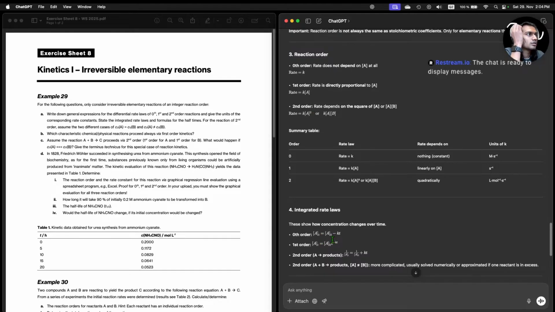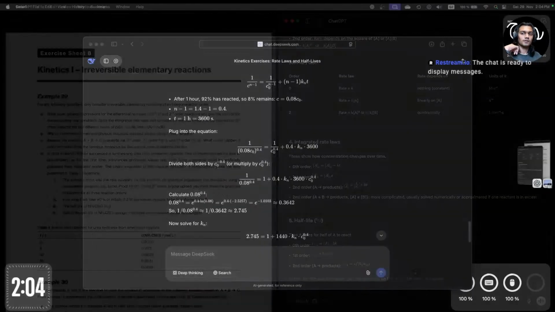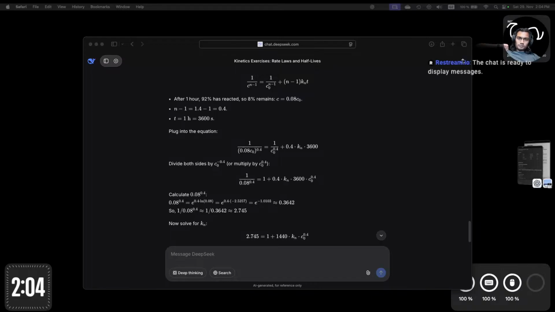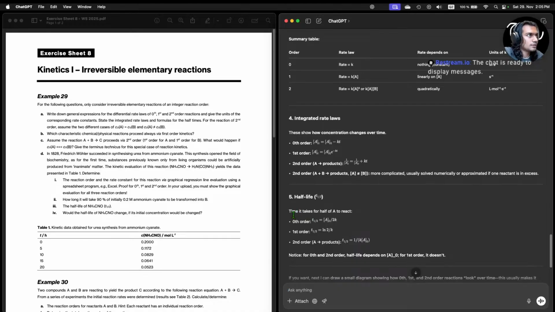Half-life: the time it takes for half of A to react.